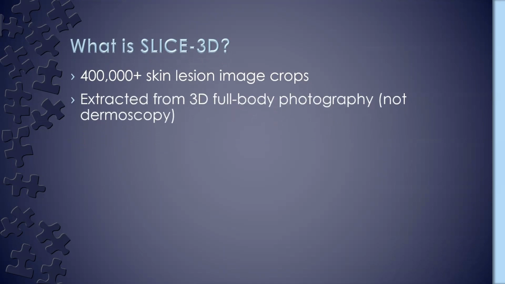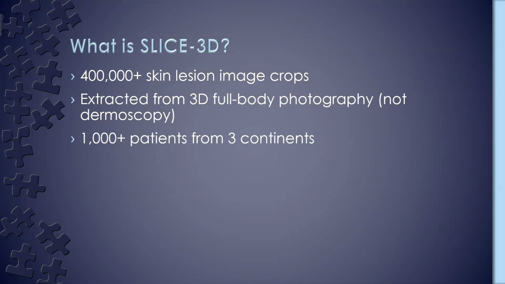This is important because 3D TBP uses regular DSLR cameras to capture full body images that contain lower resolution, more realistic images similar to what someone might get from smartphone photos.